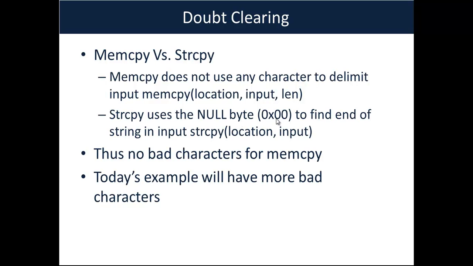The null byte, as you know, is just a byte having value 0, and strcpy uses this to decide how much of input to copy into location. So having a null byte in your payload will cause strcpy to truncate the input and copy everything only up to before it hits the null byte.